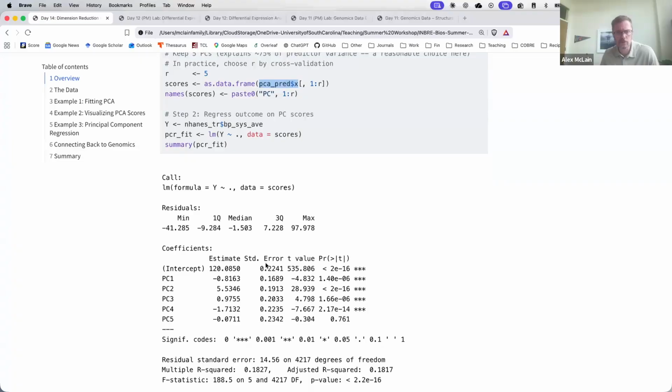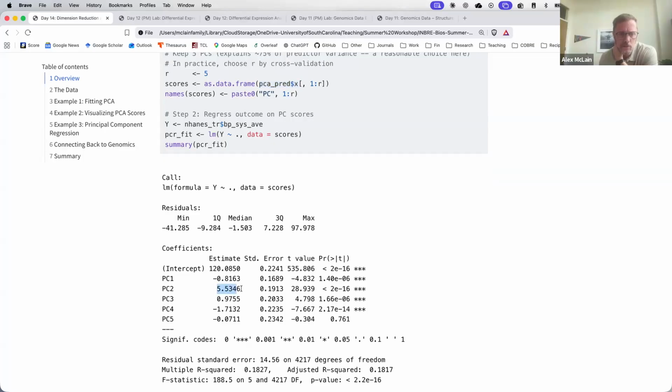And then we're fitting that and we see the relationship here. So the first principal component has a negative relationship with the outcome. That first principal component, if we go back to the interpretation, was related to age and alcohol use. So when you have a higher principal component 1, you seem to have lower systolic blood pressure.